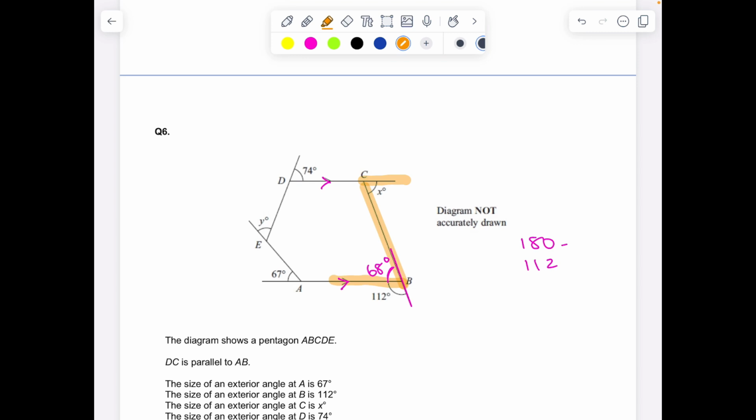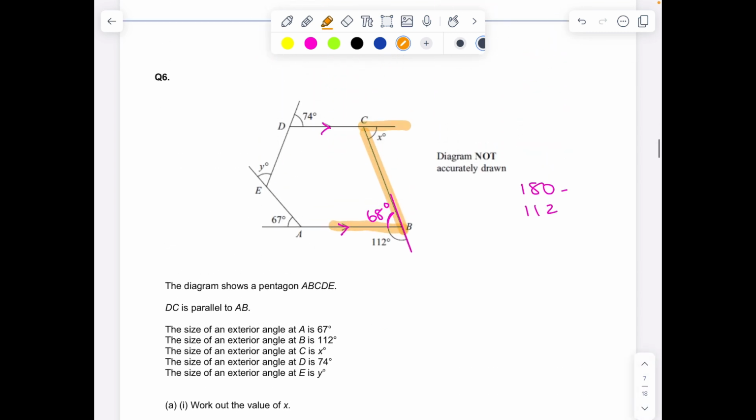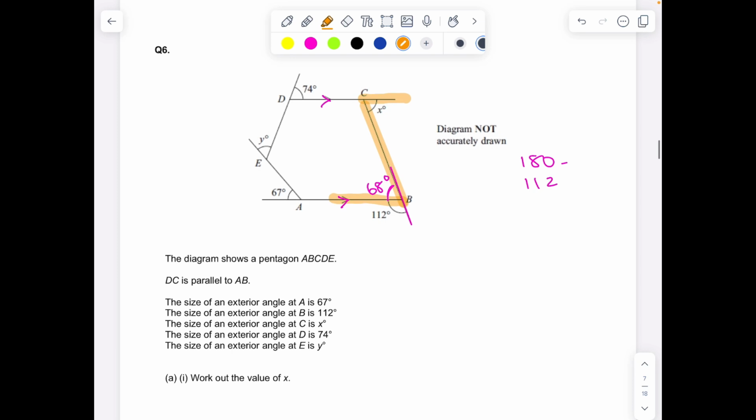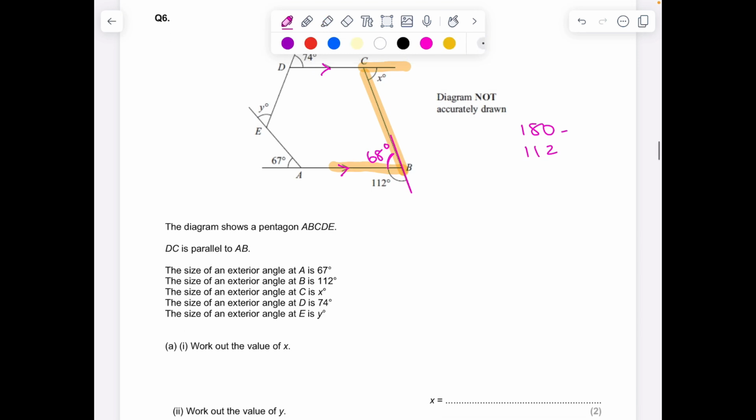Does it say you have to put your reasons? No, so that's fine. So we can just write x is 68 because alternate angles are equal, but it's not asking you to put your reasons. So x is 68 degrees. Okay, so you can see here and here are equal. They are alternate angles. Okay, next thing we have to do is find y.